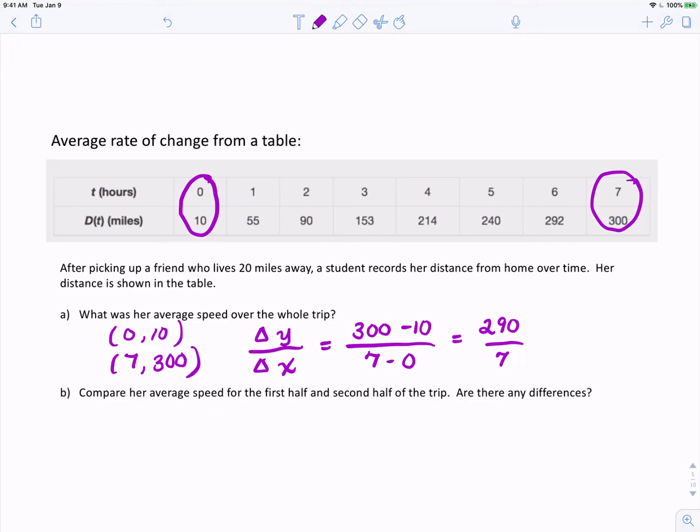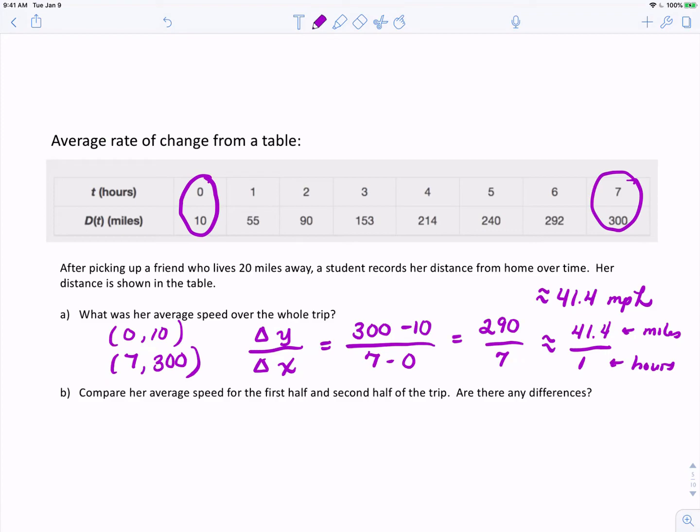And if we divide 290 by 7, we get about 41.42. So this is about 41.4 over 1. And again, what was this? This is miles, and this is hours. So her average rate of speed was a little over 41 miles per hour, so about 41.4 miles per hour.